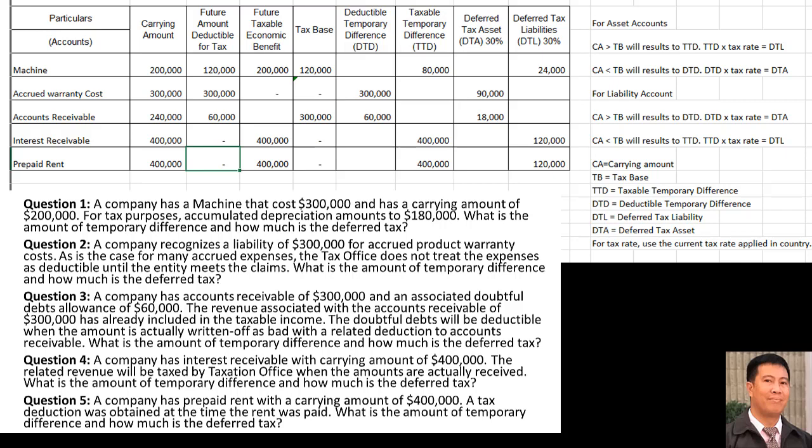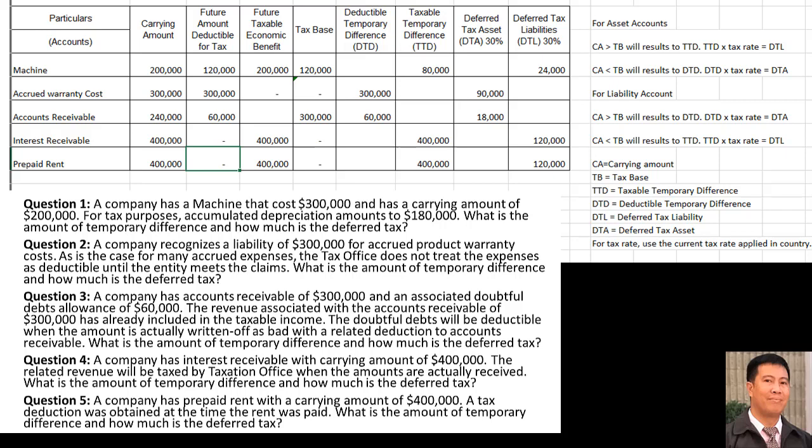And after that, what will happen? Taxable temporary difference, if you multiply by 30%, which was given there, will result to deferred tax liability. Is it correct? Alright, let's try the second one.